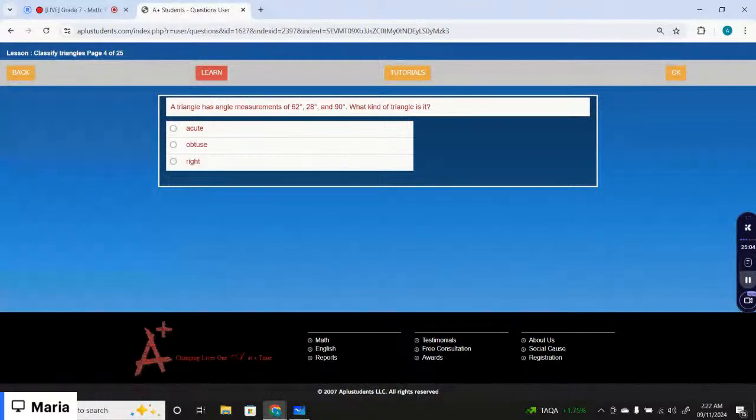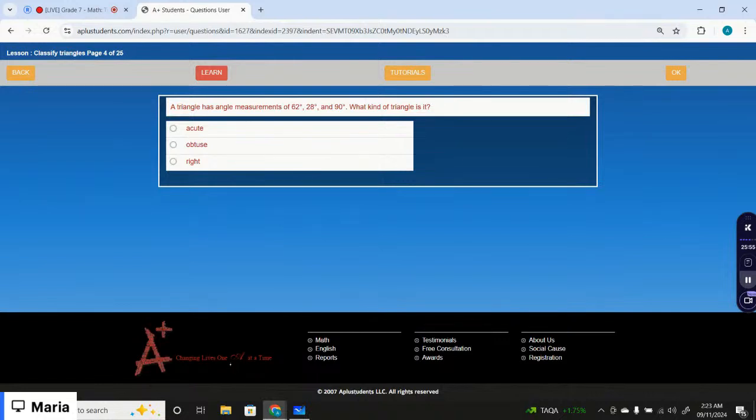What kind of triangle is this? That is a right angle triangle.